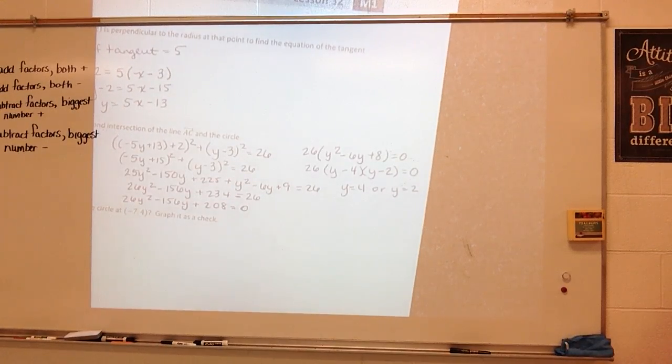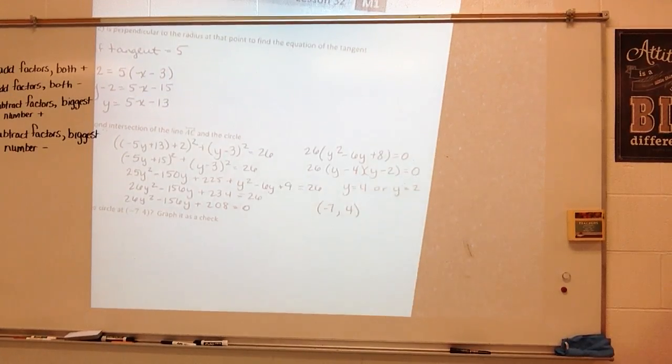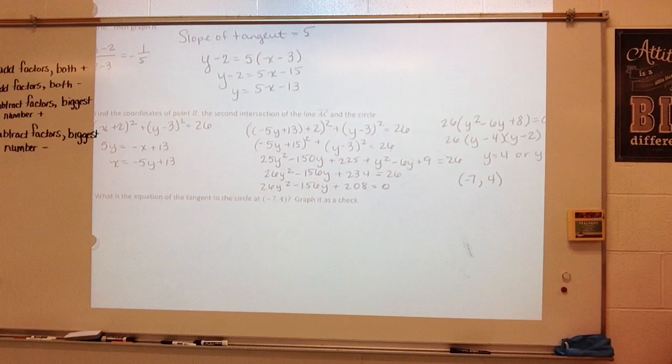So I would get negative 20 plus 13. x would be negative 7, so the point is (negative 7, 4). All right, so that is the second point that it crosses.